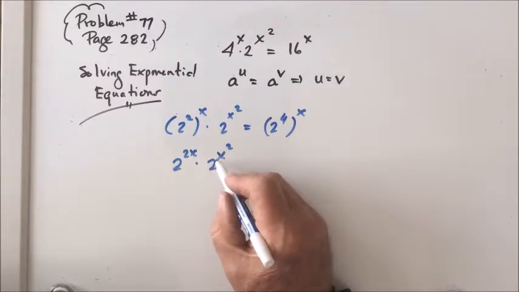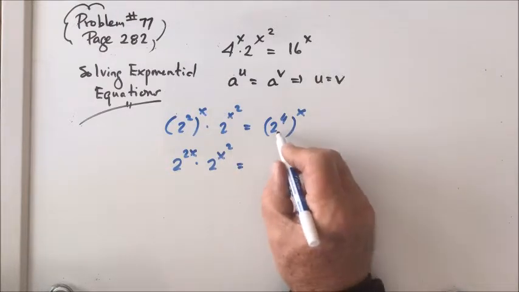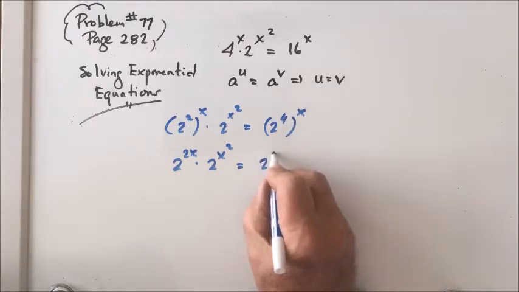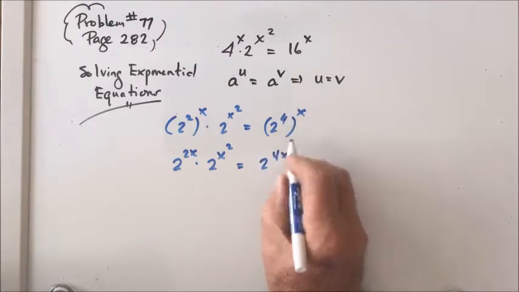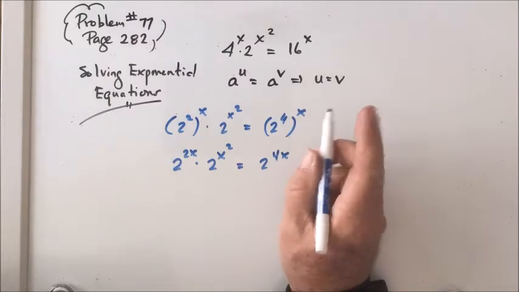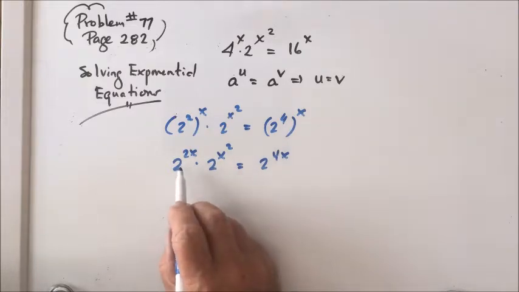It is not 2 raised to the x raised to the 2, it's 2 raised to the x squared. And likewise here, 2 raised to the 4th in turn raised to the x is 2 to the 4x. Multiply the exponents.